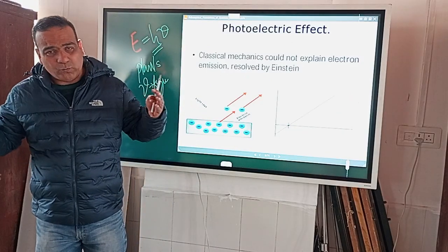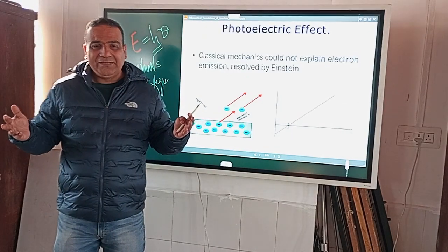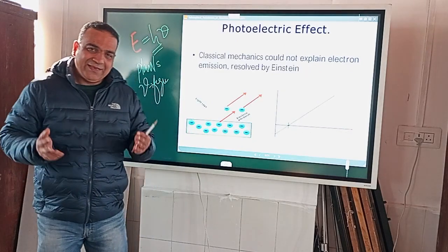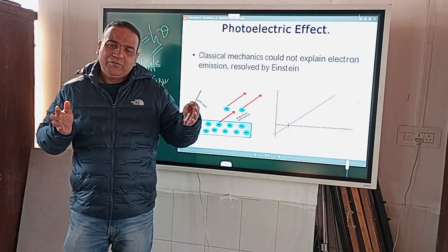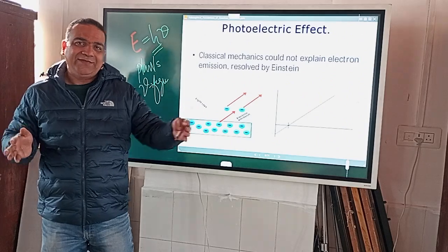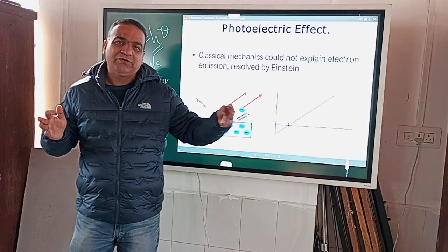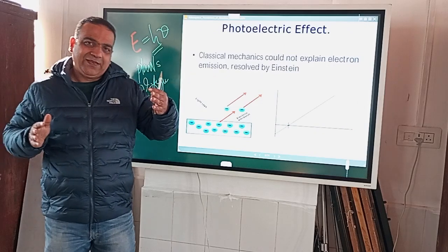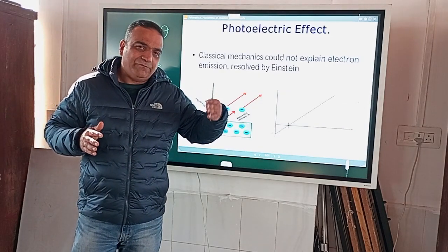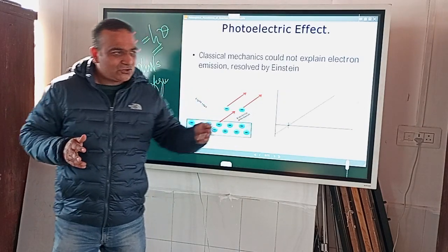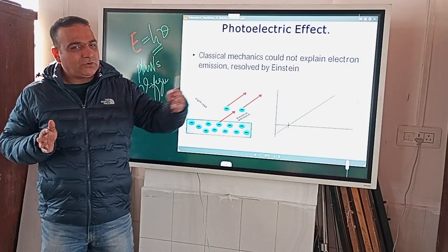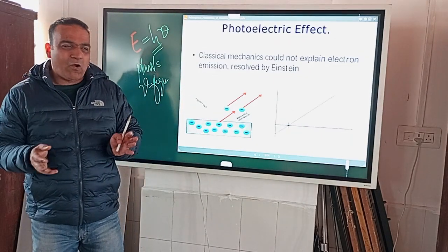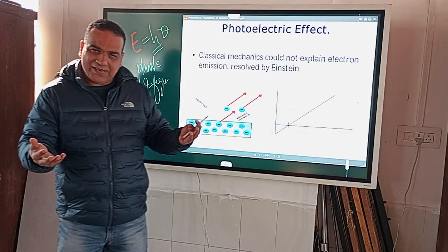The light is a wave, and it has a nature of spreading. In the classical domain, the wave nature of light is a complete description. Classical physics is completely able to describe the wave nature of light, so there is no need in classical physics to account for some other nature of this light.